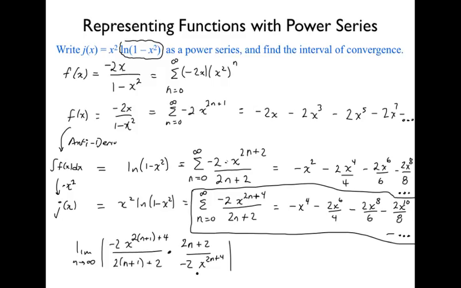So I think the -2's will cancel. When we take the limit, how many x's will we have? How many more x's on the top? 2 more x's on the top than on the bottom, right? So 2n plus 6 and 2n plus 4. And then the limit of 2n plus 2 divided by 2n plus 1 plus 2.